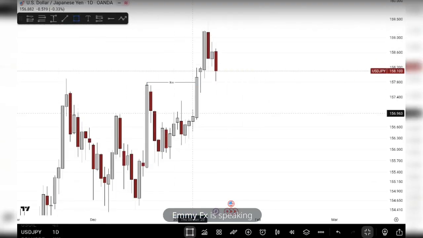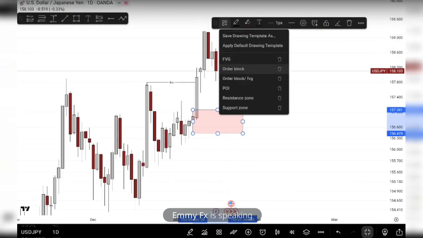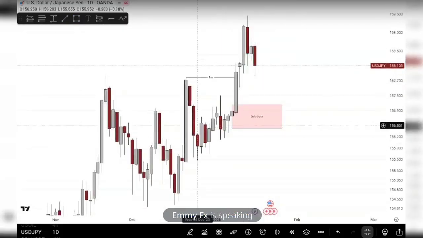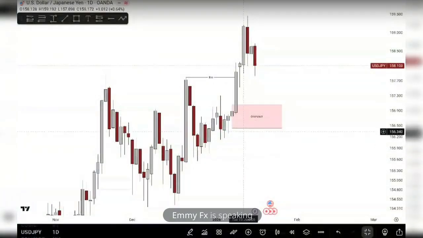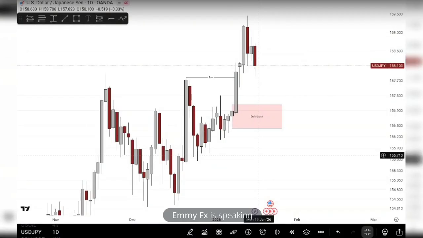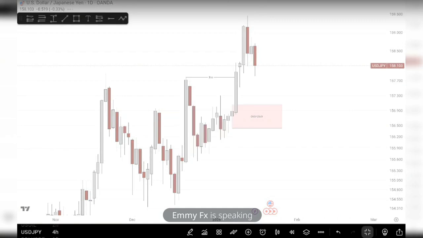This is called the order block that causes the break of structure. Initially, all these consolidation candles are the order block that causes this break of structure to the upside, but we prefer to choose the last consolidation candle before the move to the upside. All right, let's move to our 4 hour time frame.